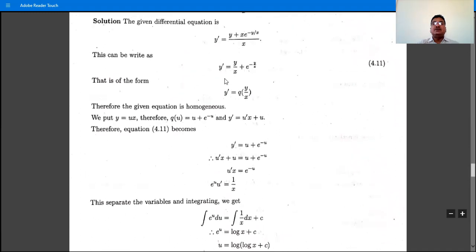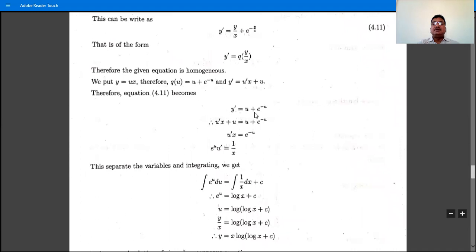Here the notation is u in the place of v, so substitute y as ux. But while writing these problems in your notebook, apply the substitution y is equal to vx. Don't write ux.